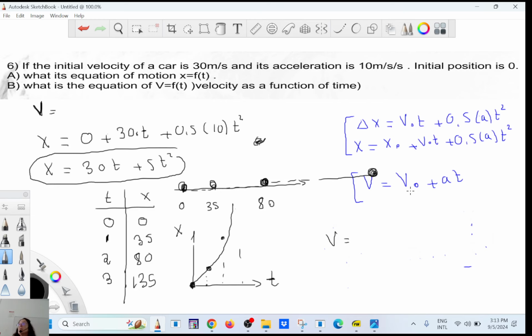What's the initial velocity? 30, very good, plus acceleration is 10 times t. Let's connect to algebra. T, velocity. At t equals 0, what's the velocity if you plug? Very good. At t equals 1, it's going to be 40. At t equals 2, it's going to be 50. At t equals 3, it's going to be 60.